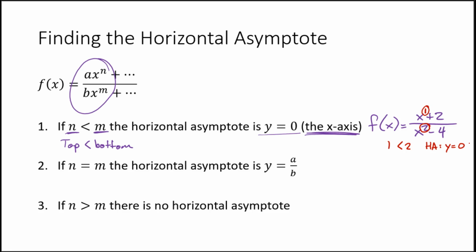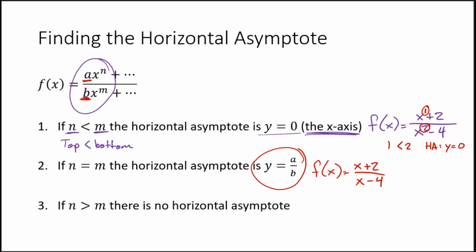Case number 2. If the powers match, if they are the same, then the horizontal asymptote is going to be the ratio of the leading coefficients, a over b, which you see up there. So another example of what that could look like: let's change that first example to x plus 2 over just x minus 4, instead of x squared.